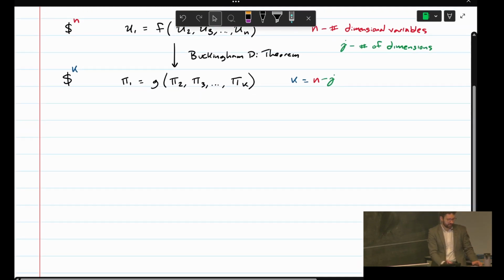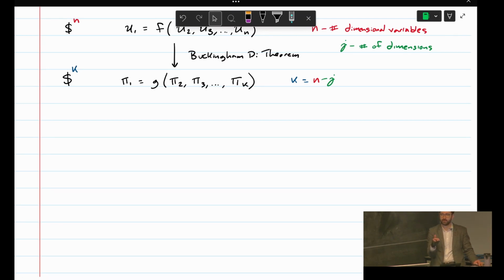How Buckingham pi theorem usually works is there's an algorithm you work through for every problem. So I'm just going to give you the steps as I'm working through a problem. I think that's the simplest way. Let's do an example.